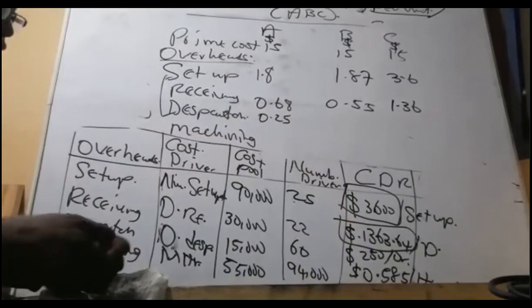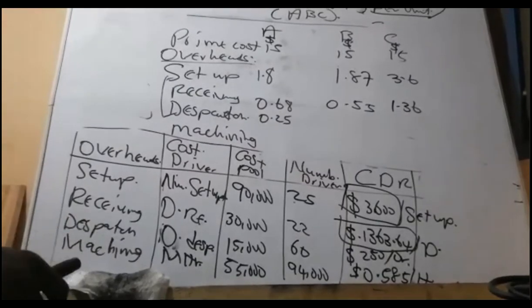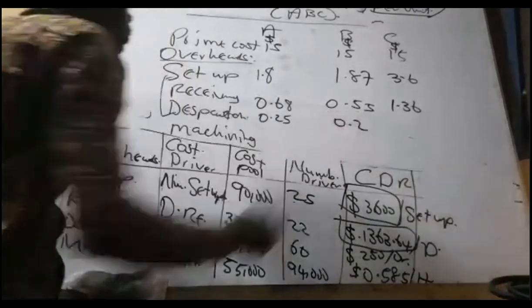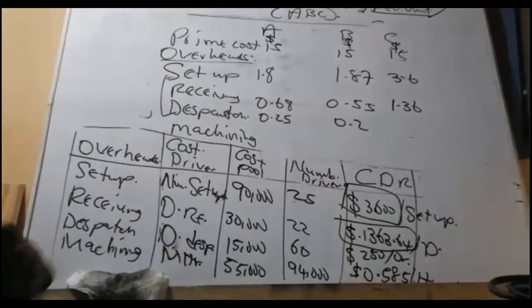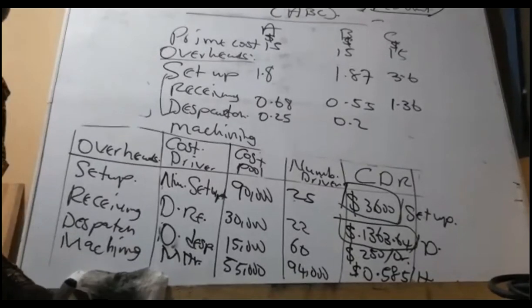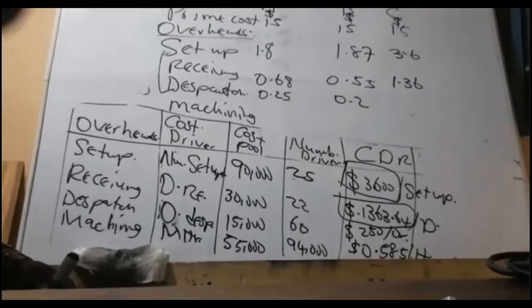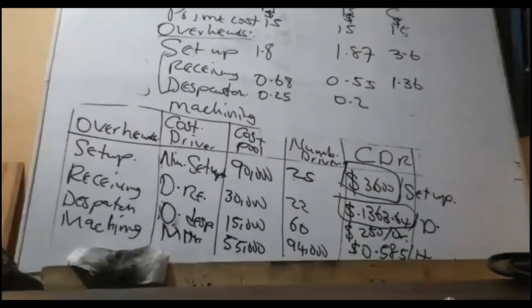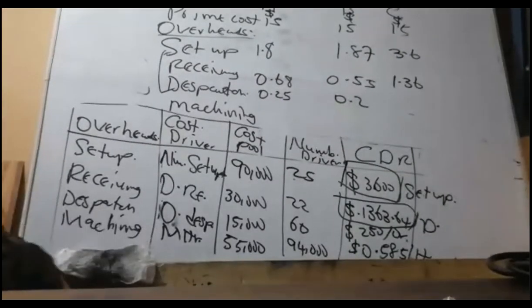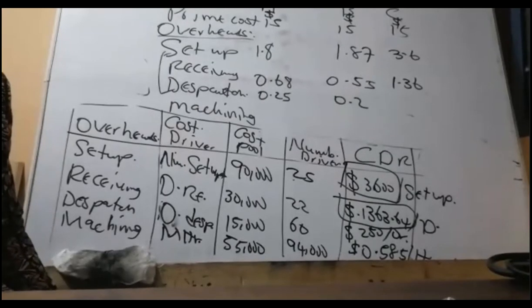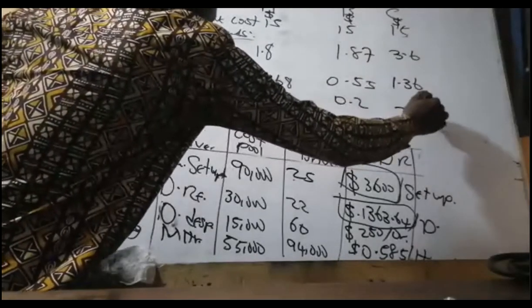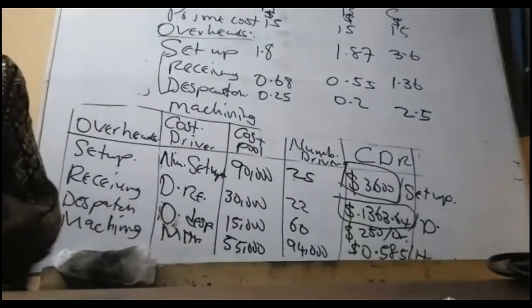The 25 and 25 must cancel each other. So the last one will be 2.5.